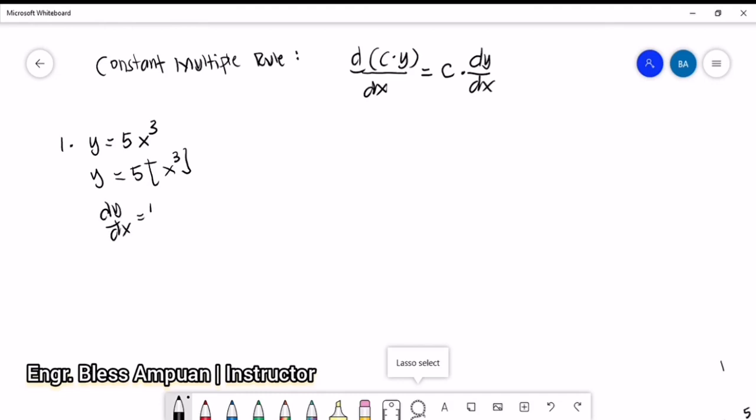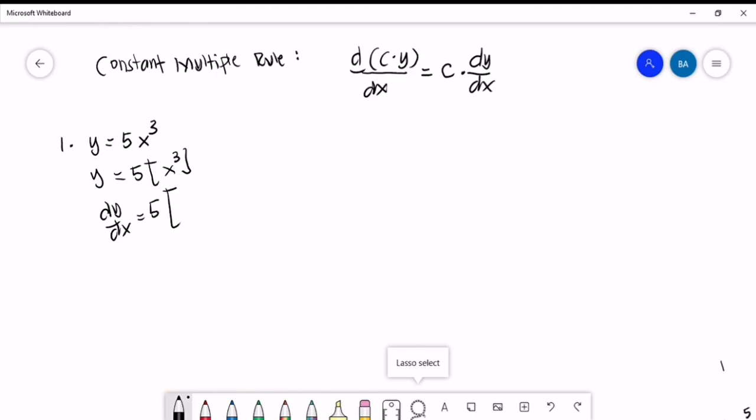Let's separate the 5, and then solve using the power rule, wherein the derivative of x raised to n with respect to x is equal to nx raised to n minus 1. So bring down the exponent 3, x raised to 3 minus 1.